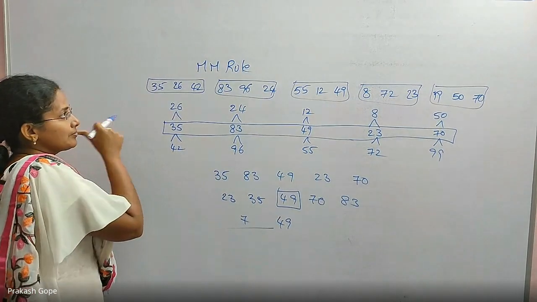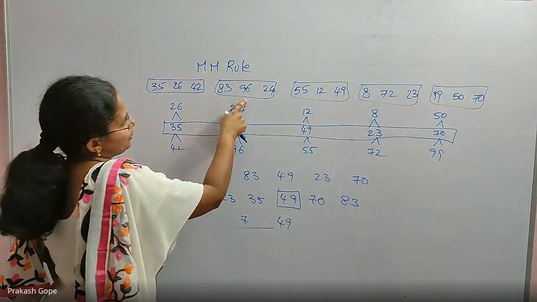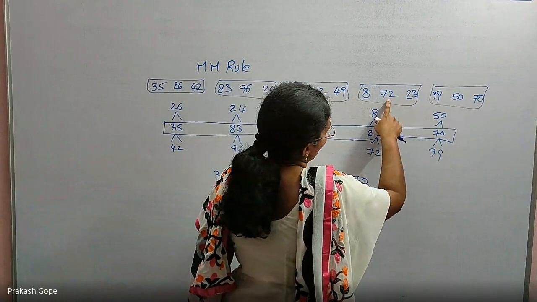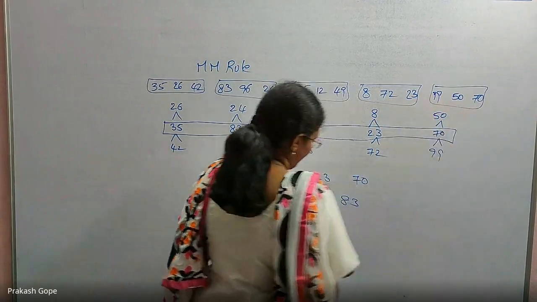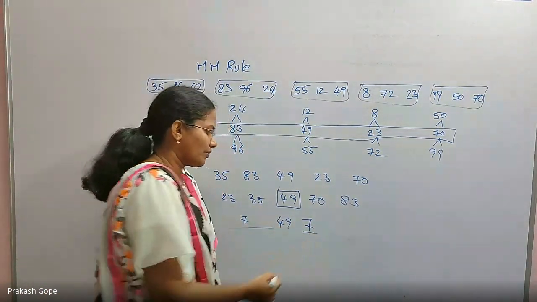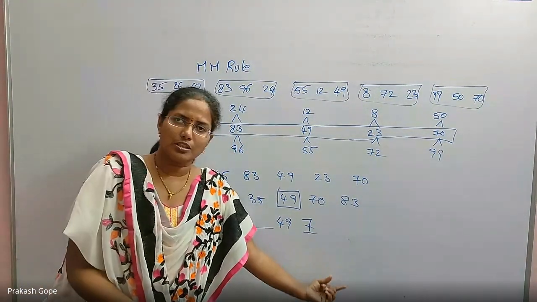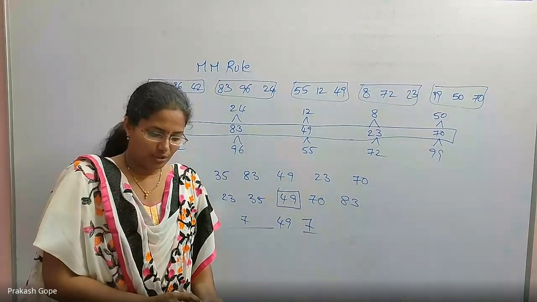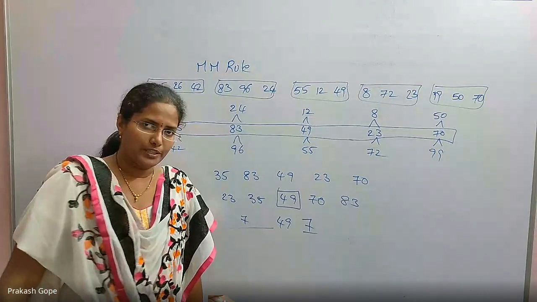Okay, greater than: 1, 2, 3, 4, 5, 6, 7. 7 this side, 7 that side. 7 elements are less than 49, 7 elements are greater than 49. Not almost, it's exactly in the middle place.